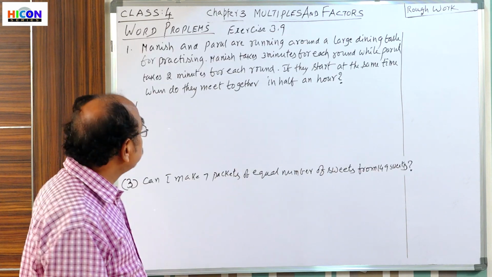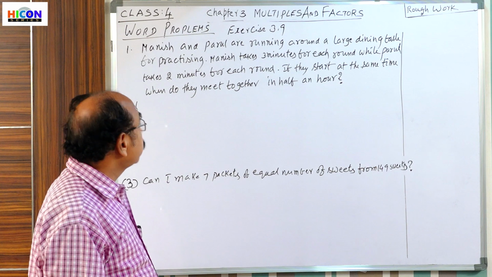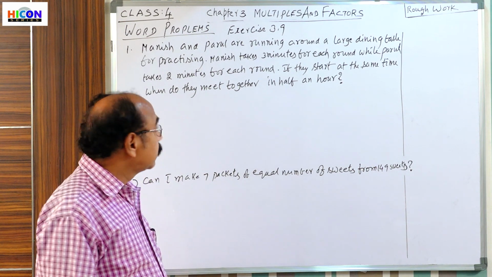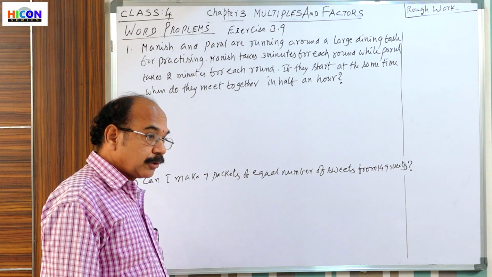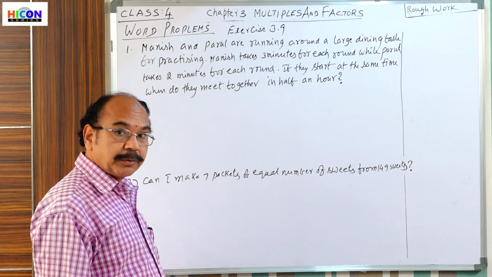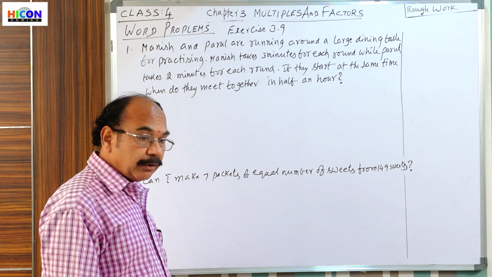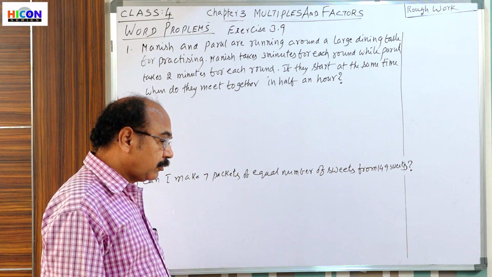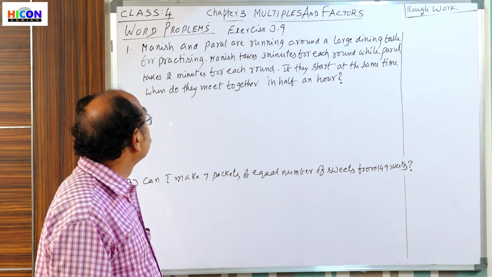Okay children, now we are going to learn about the word problems from exercise 3.2. Some word problems are there. You have to write the steps and give the final conclusion.